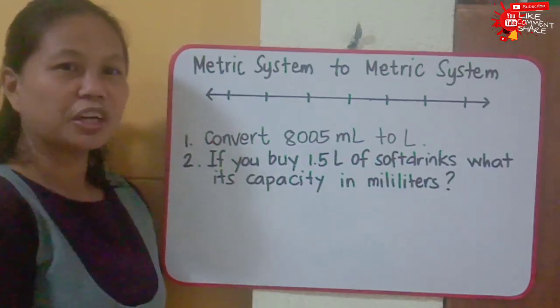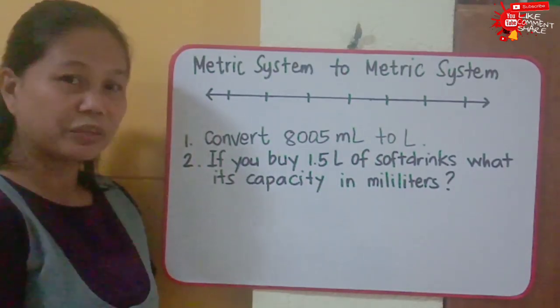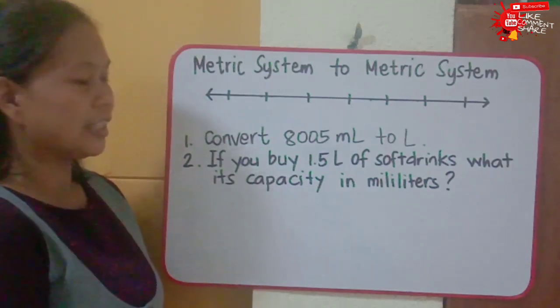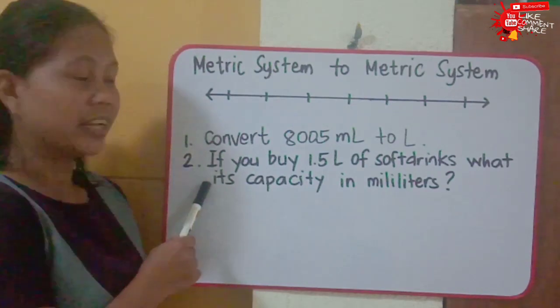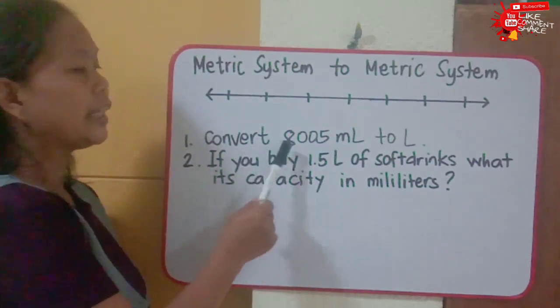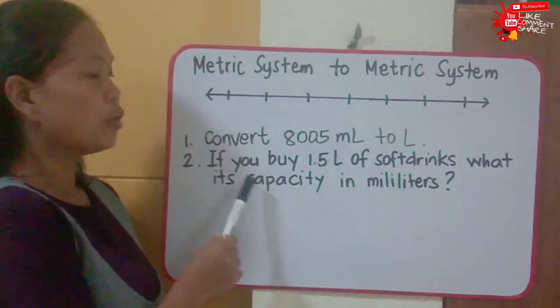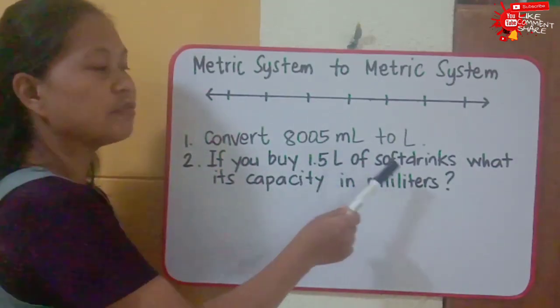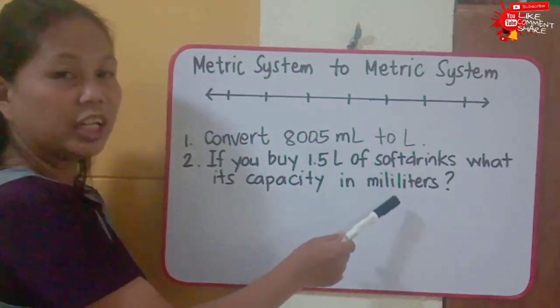In addition to the conversion of units under the metric system in capacity, we are given two problems or examples. We need to convert 8,005 milliliter to liter. And if you buy 1.5 liter of soft drinks, what is its capacity in milliliters?